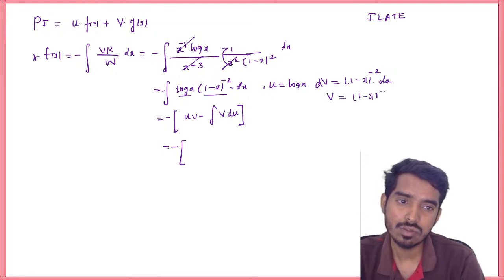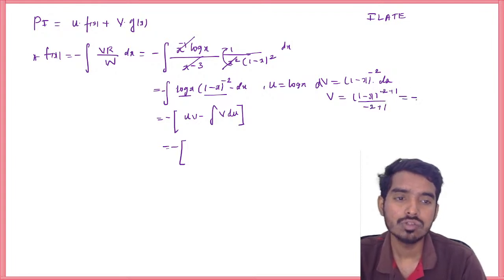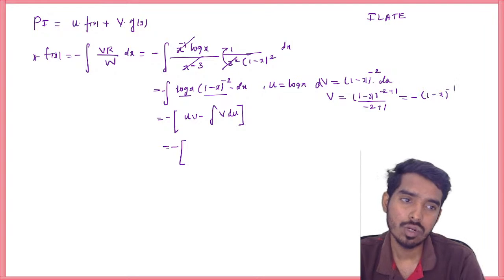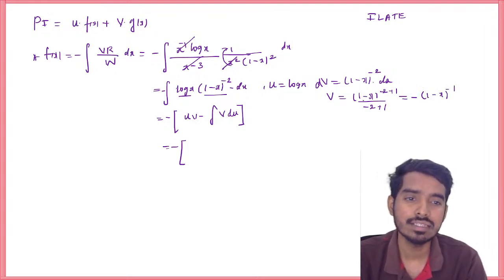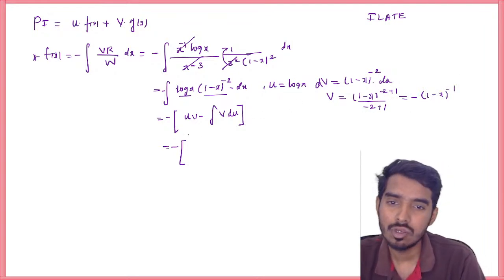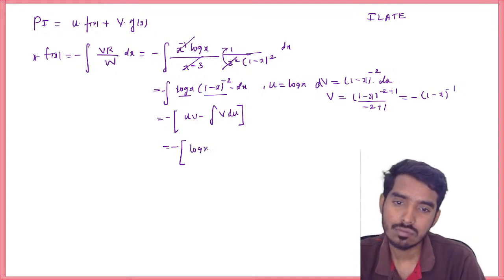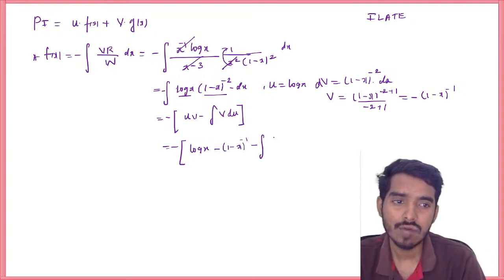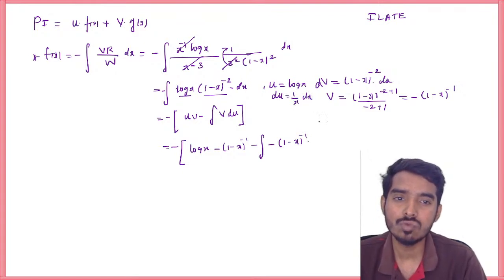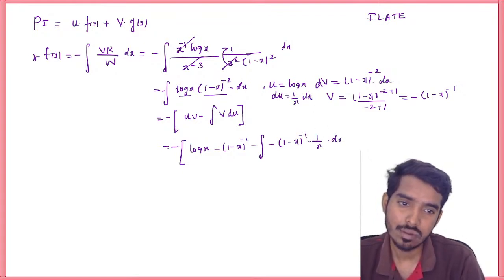So 1 minus x whole power minus 2 plus 1 by minus 2 plus 1, minus of 1 minus x whole power minus 1. So u is log x, v is minus of 1 minus x whole power minus 1, minus integration of v du. What is du? Du is 1 by x dx, right? Because derivative of log x is 1 by x dx.